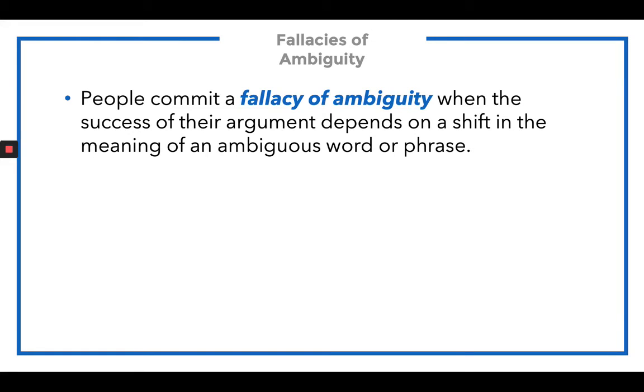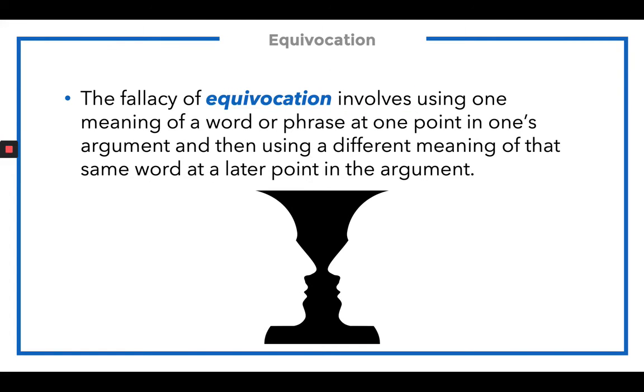Now, fallacies of ambiguity. People commit a fallacy of ambiguity when the success of their argument depends on a shift in the meaning of an ambiguous word or phrase. The fallacy of equivocation, for example, involves using the meaning of a word or phrase at one point in one's argument and then using a different meaning of that same word at a later point in the argument.